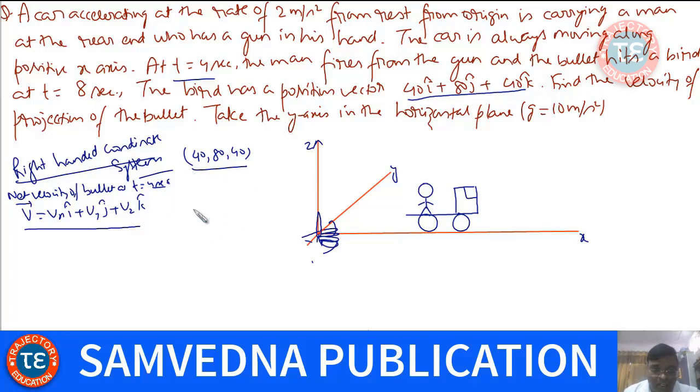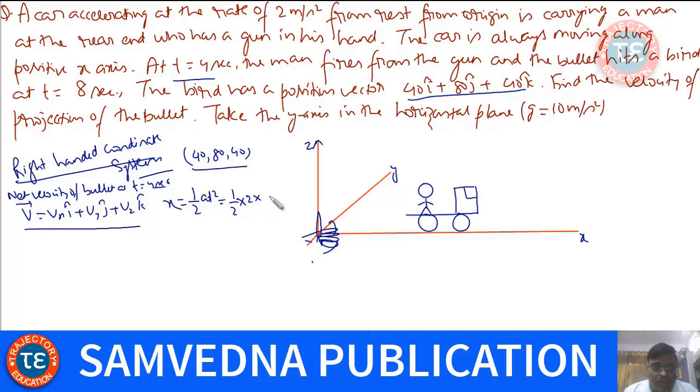Okay, so where is the car at 4 seconds? At 4 seconds the coordinate of the car is 1 by 2 a t squared; the initial velocity of the car is 0, I am assuming.